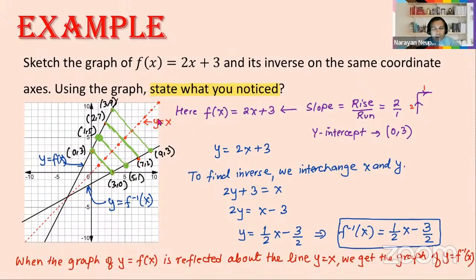This line is y equal to x because every point on the line has the same x and y coordinate. That's true because when we think of the graph of the function and the inverse, we obtain it by changing the x and y. So we are treating them equal, but we are flipping them around. Okay, so that's how we can work on different problems on inverse of a function.